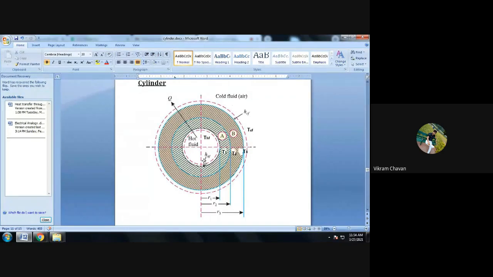Always remember that we are drawing the cylinder diagram by considering the top view only. Show appropriate temperatures, show appropriate radius, and the nomenclature.